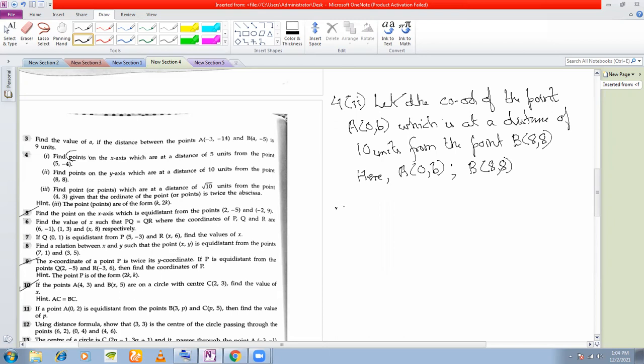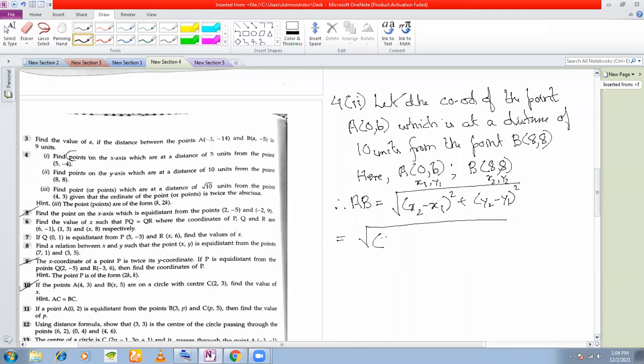So therefore, what is the distance AB? Take this as x1, this as y1, take this as x2, this as y2.